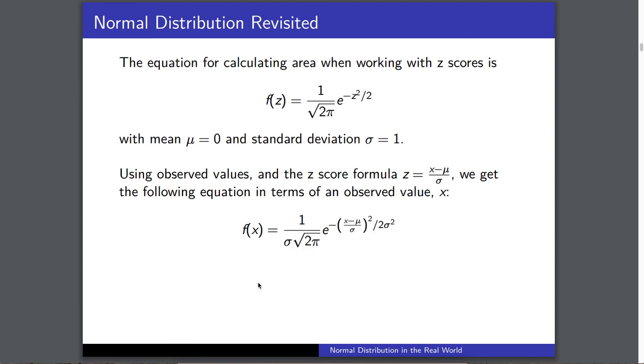So here is our normal distribution equation. Again, you're not going to have to worry too much about it, but the z-scores were a special instance where our mean was 0 and our standard deviation was 1. We could convert our equation to use z-scores, but we don't really have to do that.